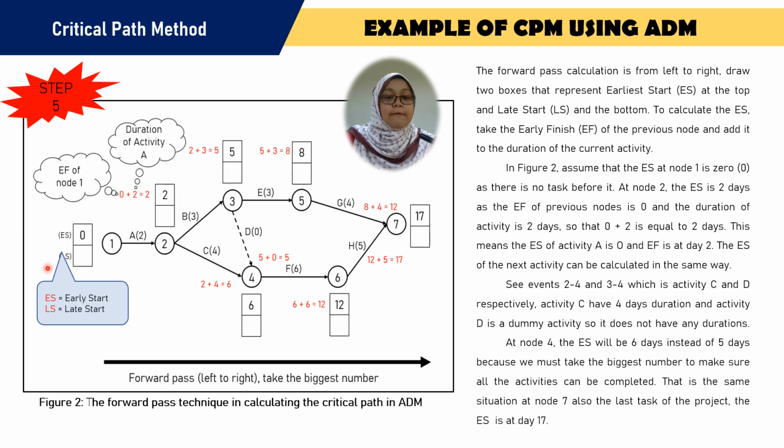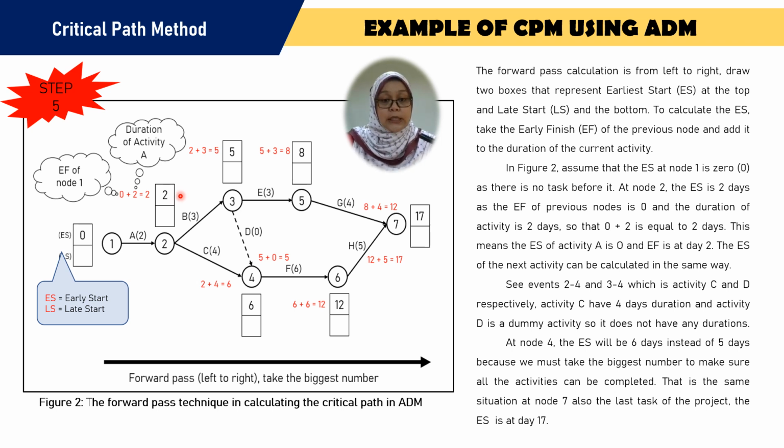For the activity at event 1, we assume that event 1 is the start of the activity, so the early start will be 0. Then at event 2, the early start will be on day 2.